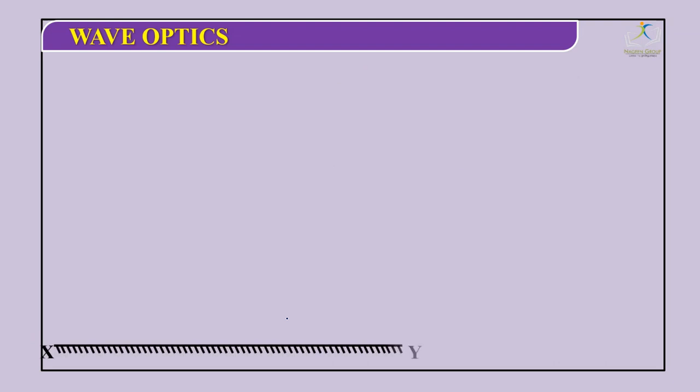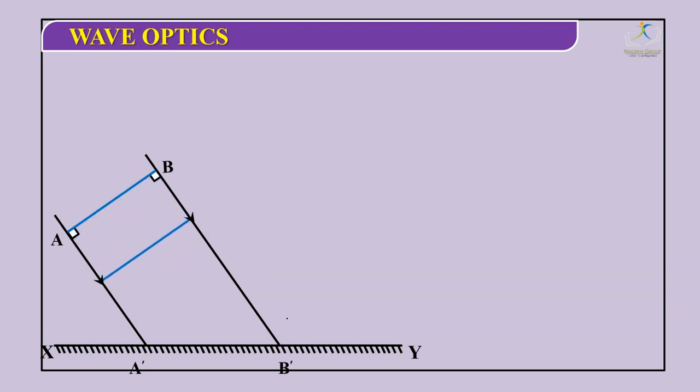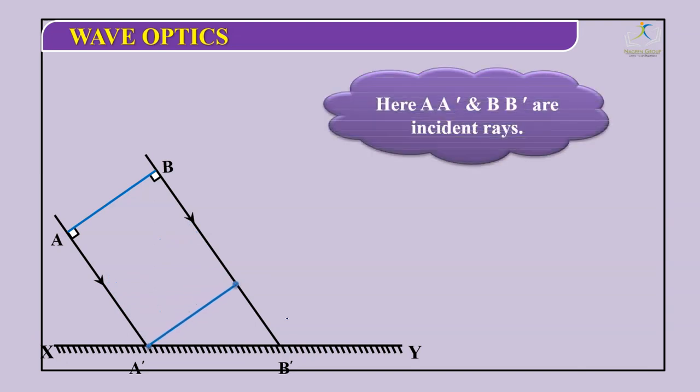Consider a wavefront AB which is falling on the surface. Here A prime and B prime are the incident rays.